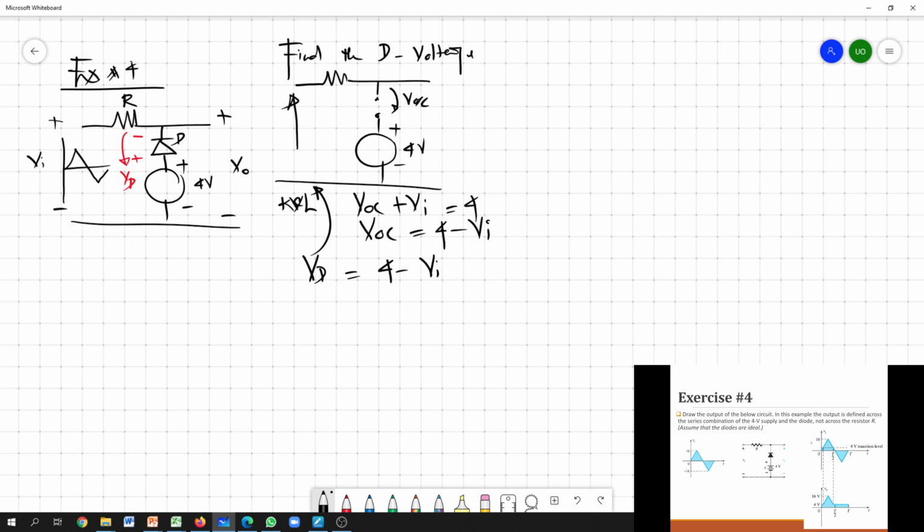So the input is sometimes higher than the 4 volt and sometimes less than the 4 volt. So from this we can claim, to make this diode forward bias, what should we do? The diode voltage should be greater than or equal to 0.